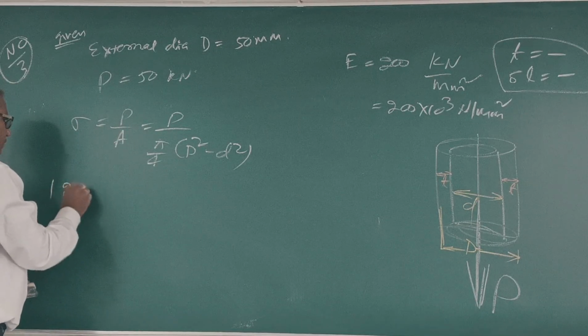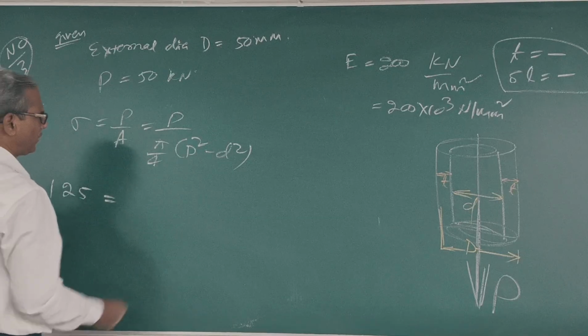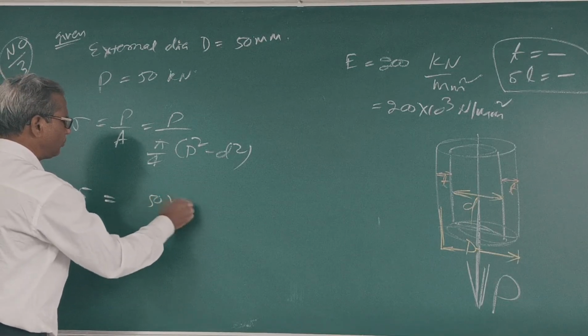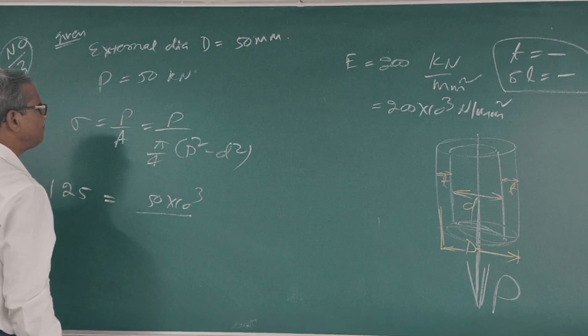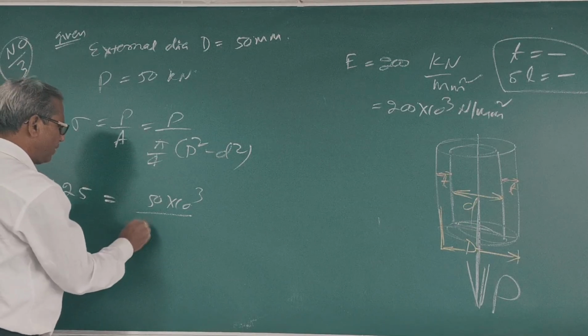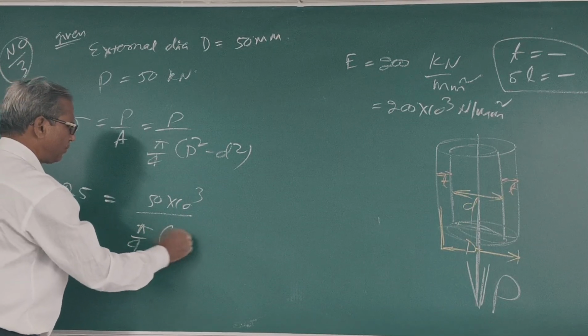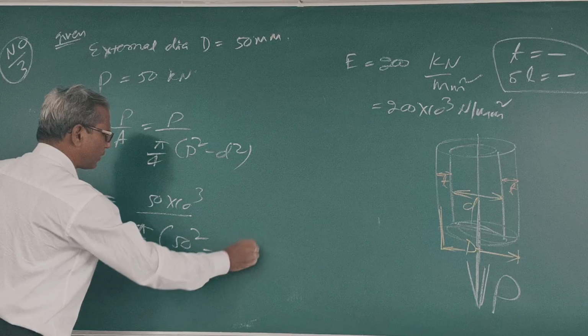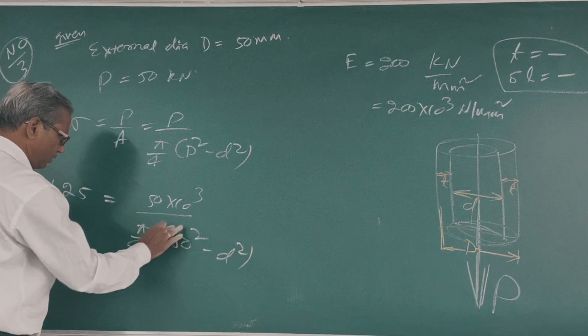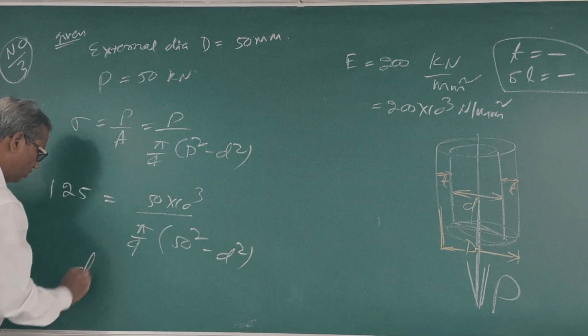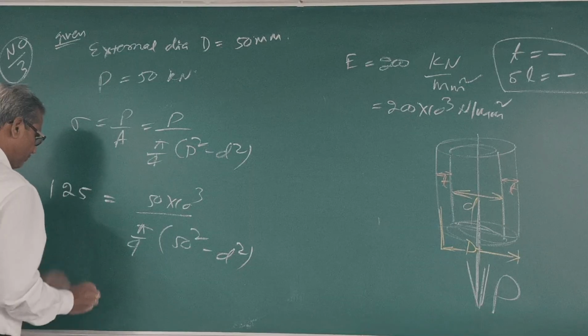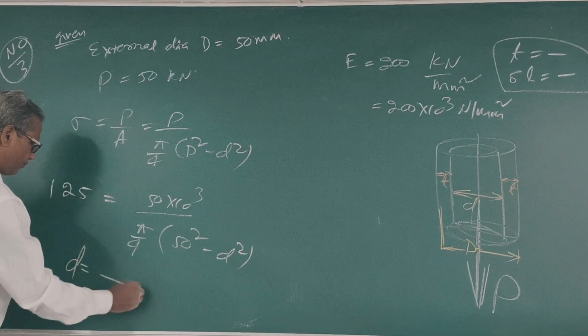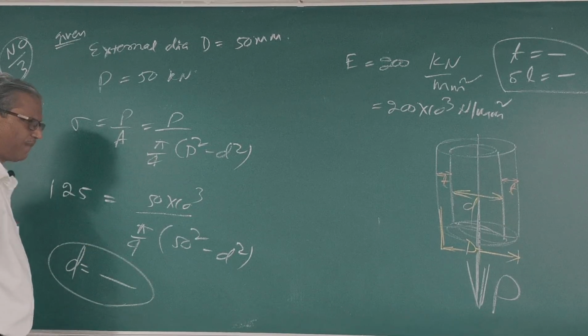So 125 is equal to P. What is P? 50 into 10 to the 3 by pi by 4 into 50 square minus d square. Find out small d. Clear?